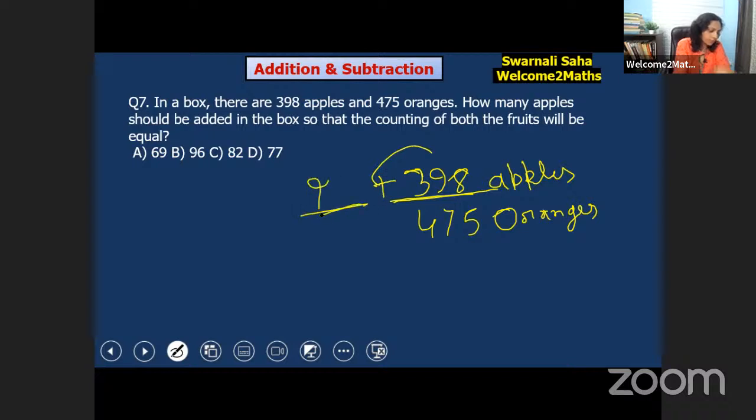How many that you have to find out so that the counting would be equal, same, 475.